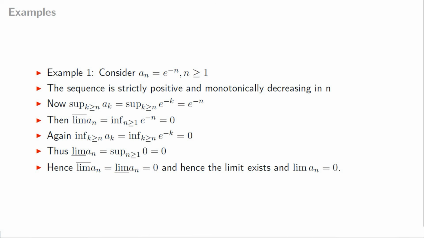Therefore the limit superior is nothing but 2, and in a similar way the infimum value of a_k for k greater than or equal to n is 0, and hence we get that the limit inferior of a_n is 0. Thus we find that here the limit inferior and limit superior are both finite, but they are different. Since these two quantities are different, the limit does not exist.